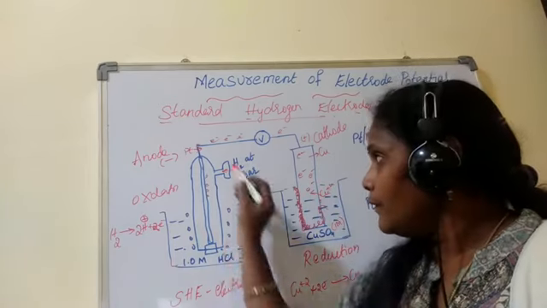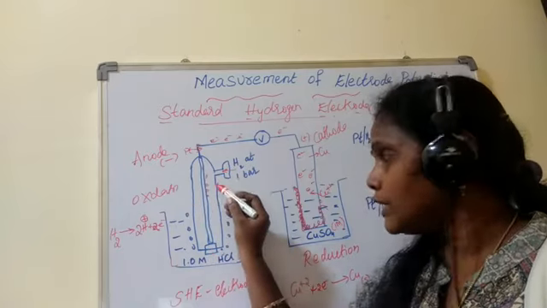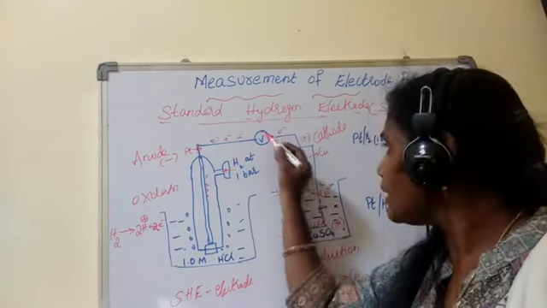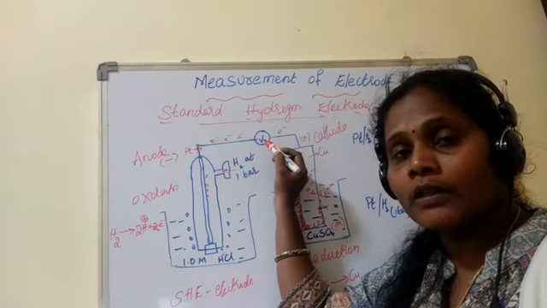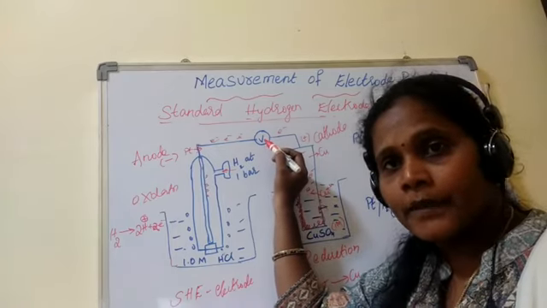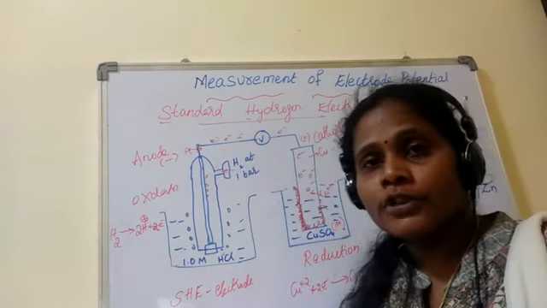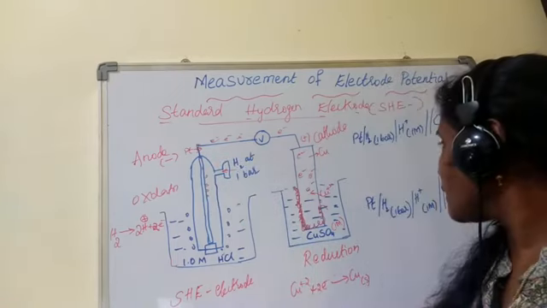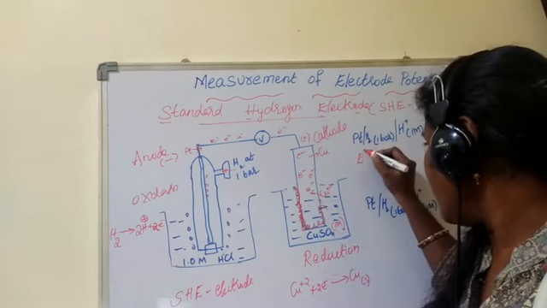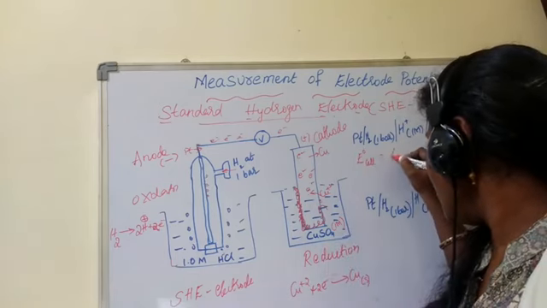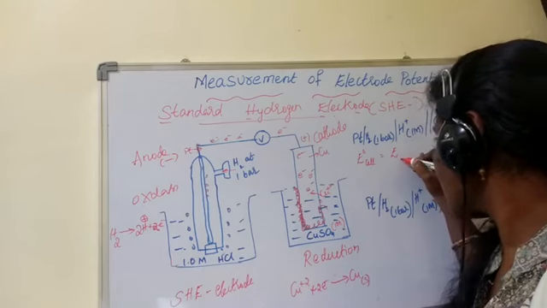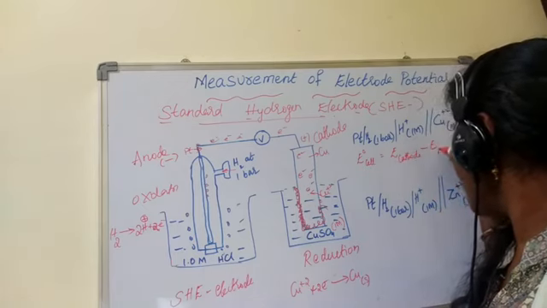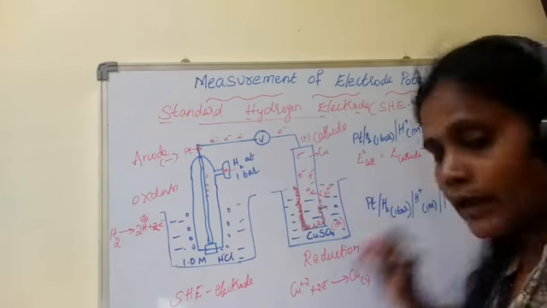Now, if we fix the electrode potential of this one, we know it. Then, whatever we want, we can identify from the voltmeter, because here we will get the measurement. Here, the standard hydrogen electrode potential is taken as 0, right? See here, E cell will become E naught of the cathode minus E naught of the anode.